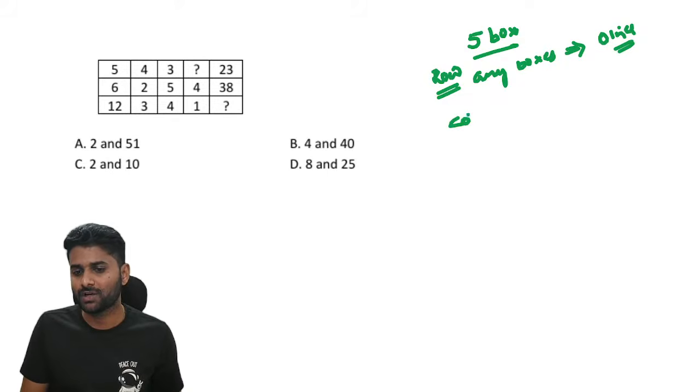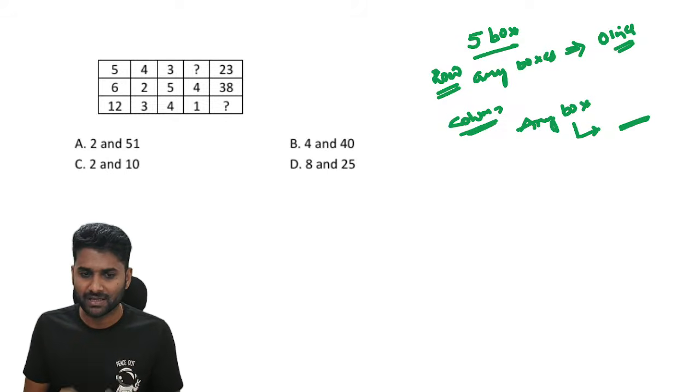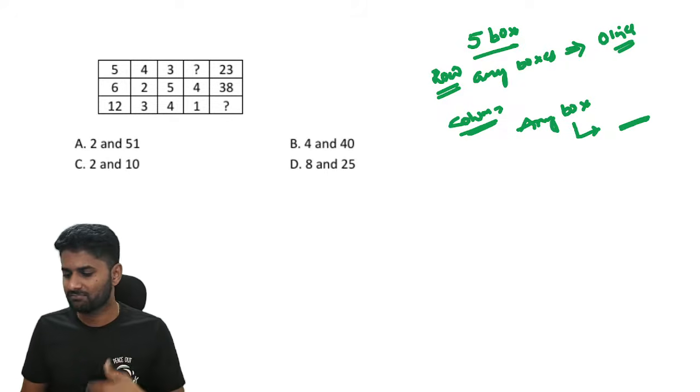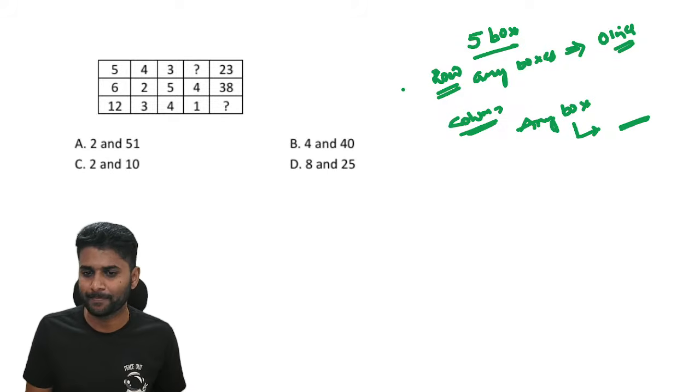If you go through the column operation, use any two boxes, apply any mathematical operation, and that resultant will be equal to the other box. Say if it is a row operation, use four boxes to get the resultant of the last. If it is a column operation, you can use any two boxes and you will get the resultant of the third.